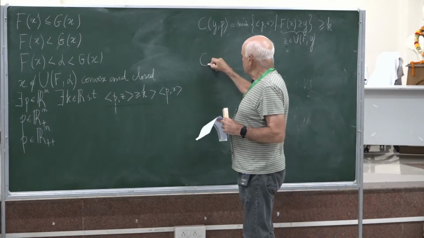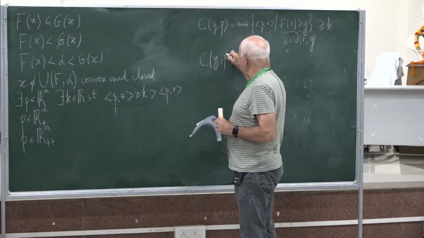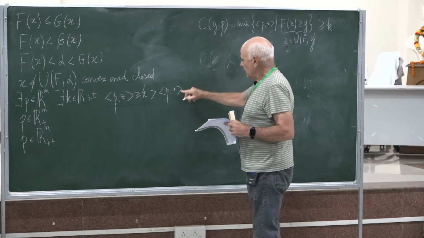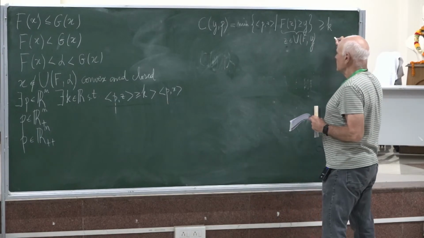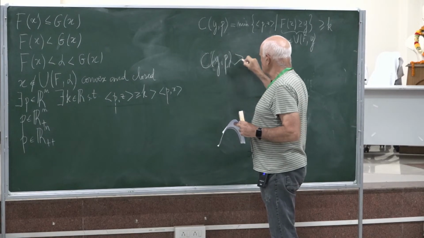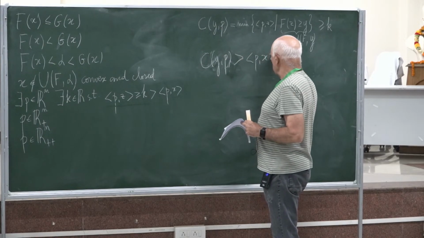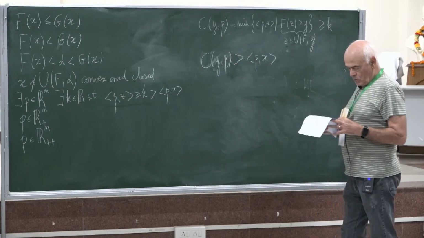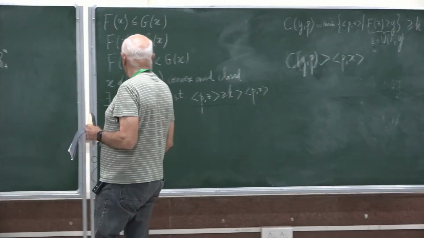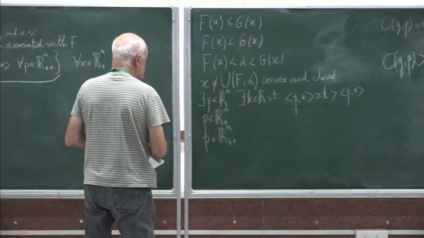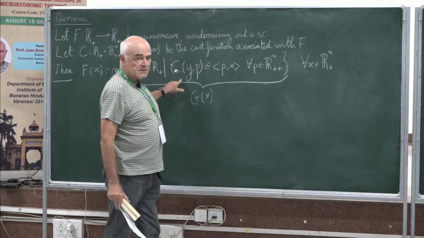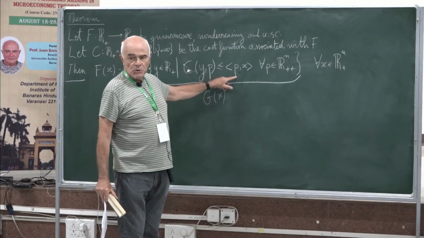So we have C of y p greater than, because k is greater than p x. This is the conclusion. And then this means that for this x, not all these conditions are satisfied.